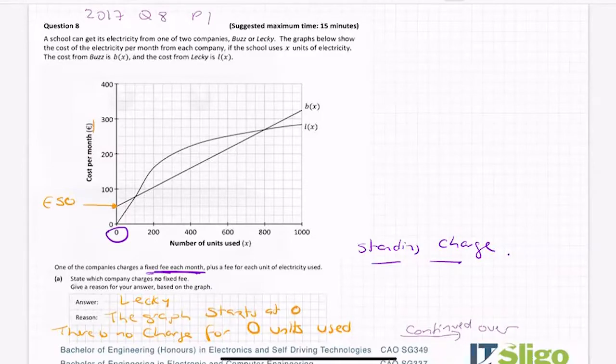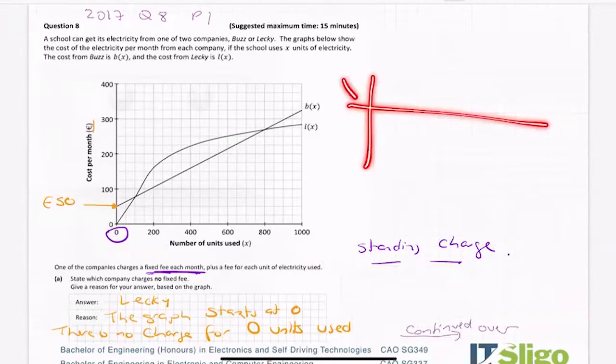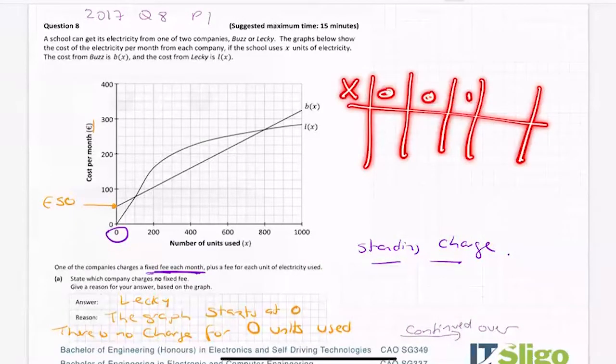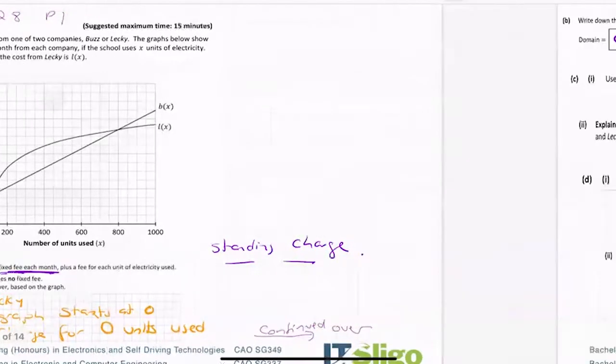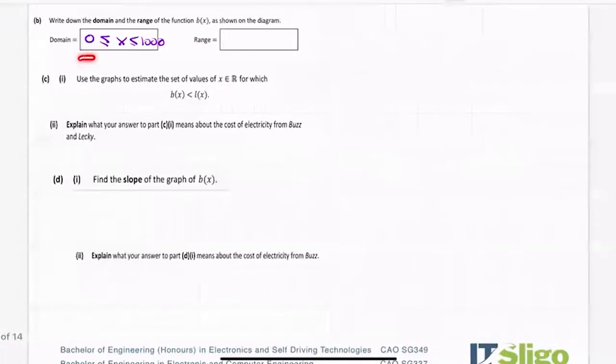This differs slightly from the 2018 question that we did, where we had set values for our input. Remember, it was a table of x values and we just gave the set values. Here we don't have the table, we have the graph, so we have to give our domain as all of the inputs between 0 and 1,000.